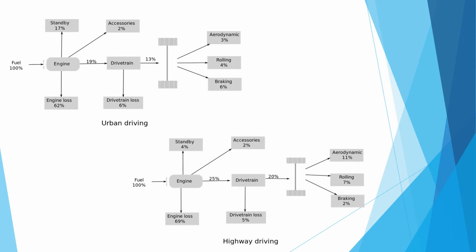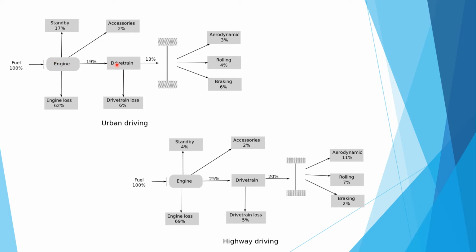There are two pictures. One is urban driving, and the second one is highway driving. For urban driving, this is the engine. The 100% fuel is input. After burning, 17% goes to standby and 62% is engine loss. 19% from the engine goes to the drivetrain, and 2% goes for accessories.